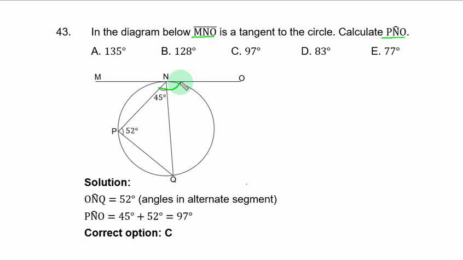Now, this remaining angle is equal to this angle. Angles in alternate segments. Therefore, angle PNO is equal to 45 degrees plus 52 degrees, and that is 97 degrees. C is the correct option.